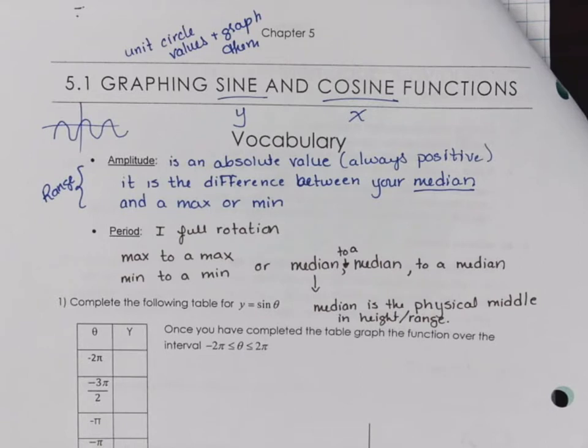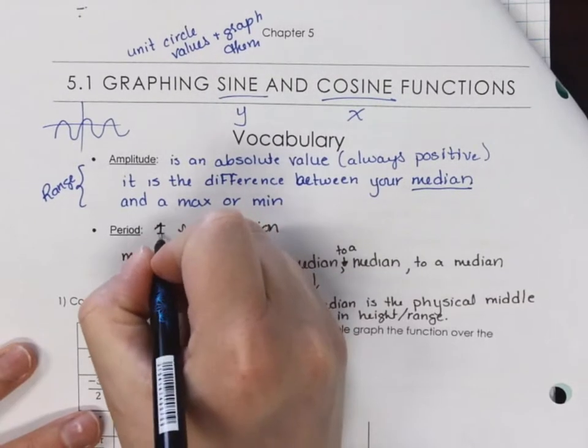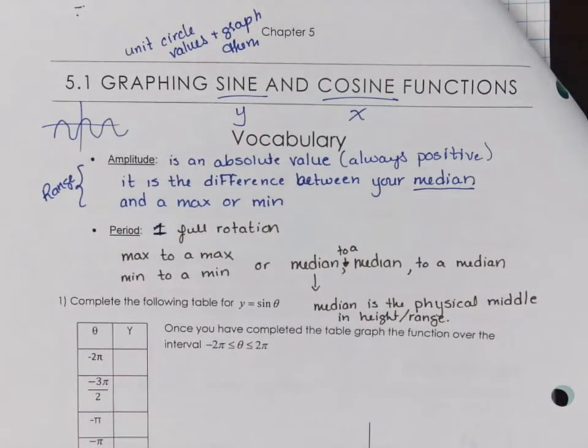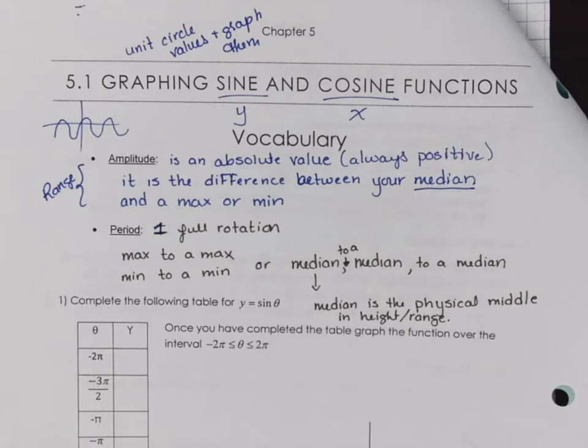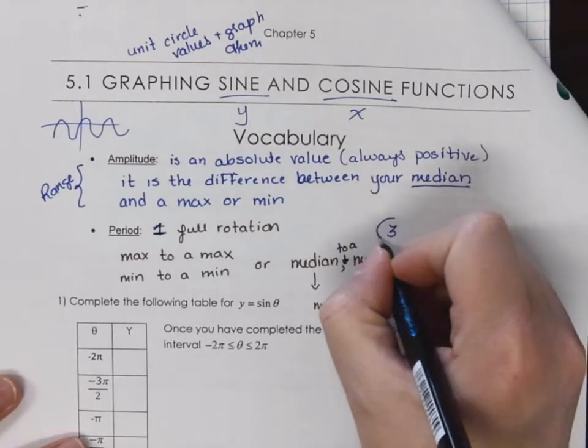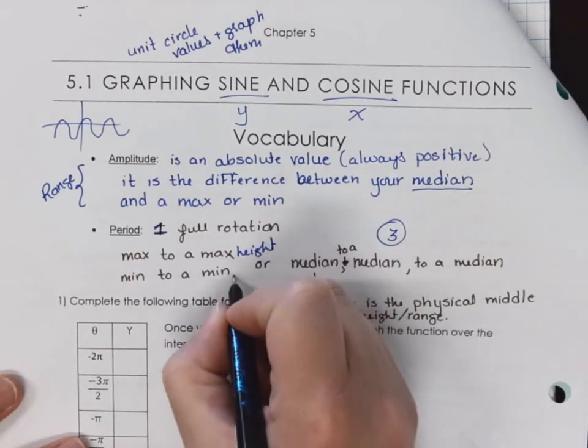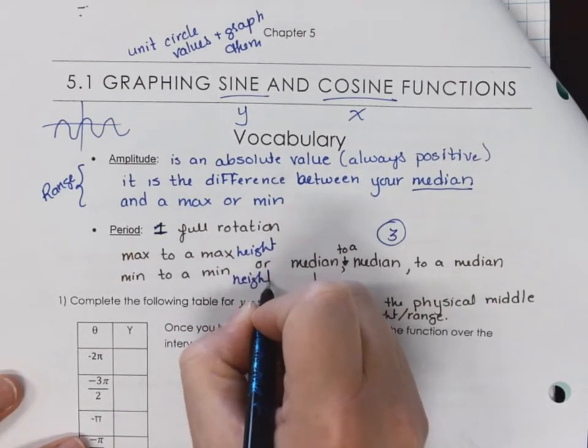Okay, so period is, it's not I, that's supposed to be one full rotation. So that's a max height to another max height, or a min height to a min height, or a median to a median to a median. You need 3 medians, or a max to a max height, or a min to a min height.